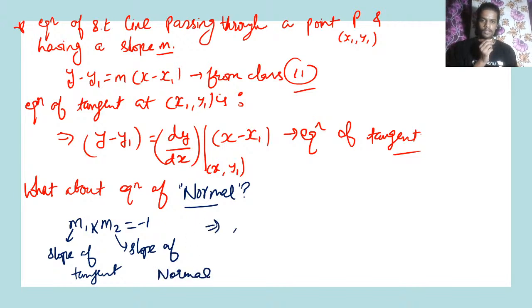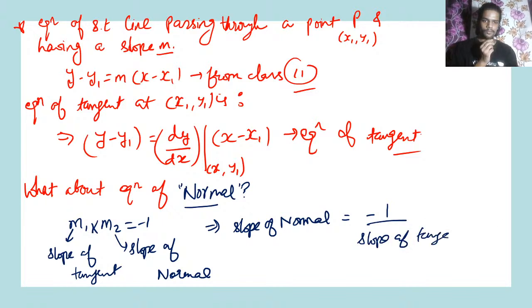Which implies slope of normal is equal to minus 1 upon slope of tangent. Okay, now what is slope of tangent? This is slope of tangent, dy by dx, which implies slope of normal is minus 1 upon dy by dx.